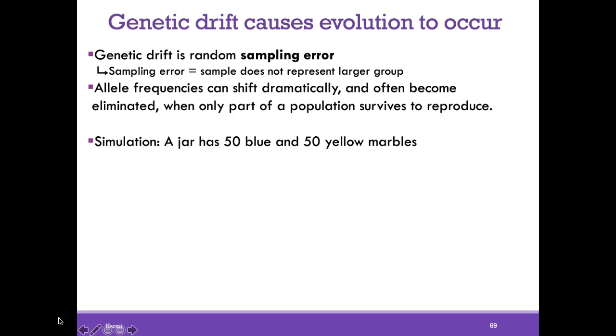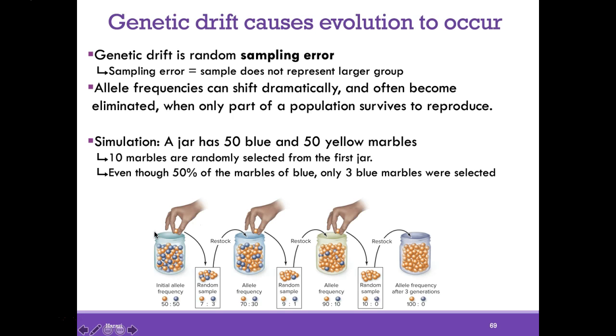So I'm going to give you a simulation to give you an example of what genetic drift really means. Suppose I have a jar with 50 blue marbles and 50 yellow marbles. If I selected 10 at random, I would imagine that 5 should be yellow and 5 should be blue. But suppose just by random chance, I selected 7 yellow and 3 blue.